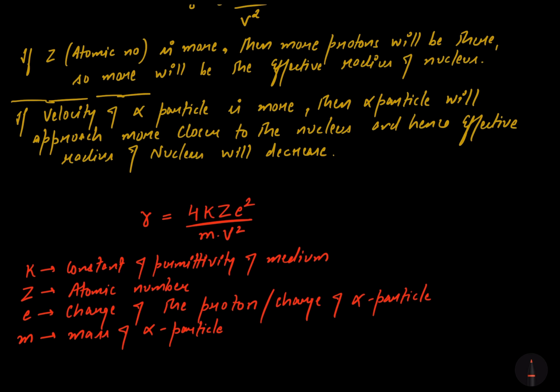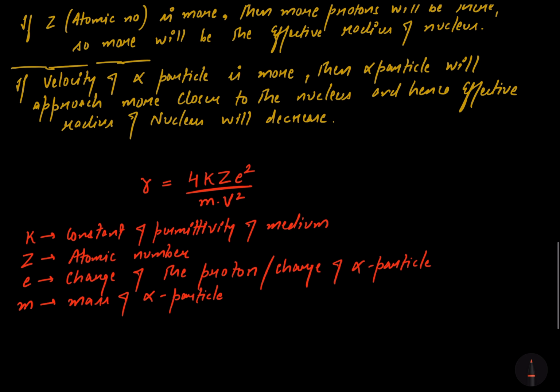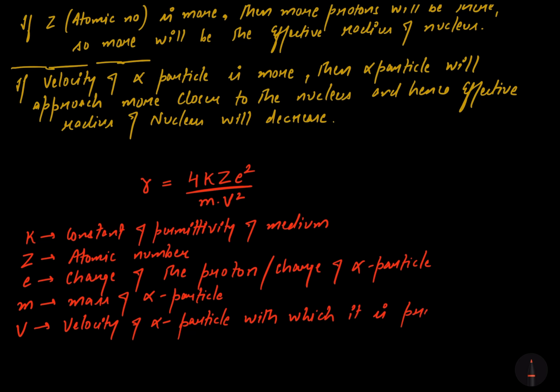As both the quantities are same, that's why we have taken the word small e. And what's the v? v is the velocity of alpha particle with which it is projected towards nucleus.